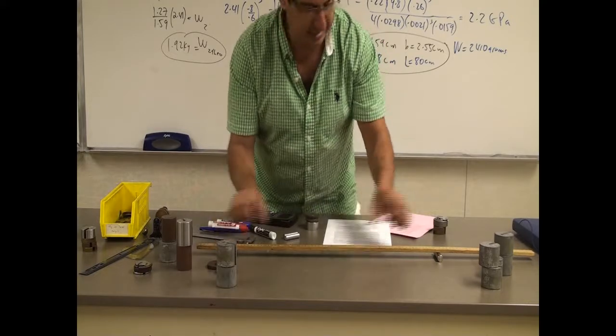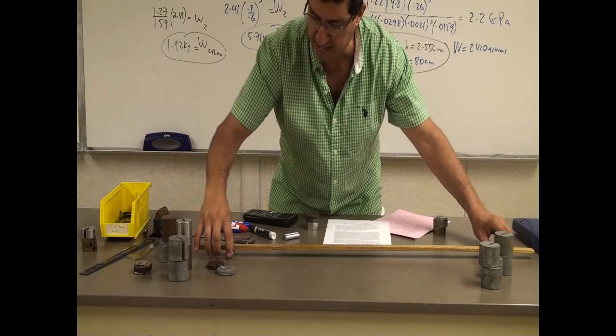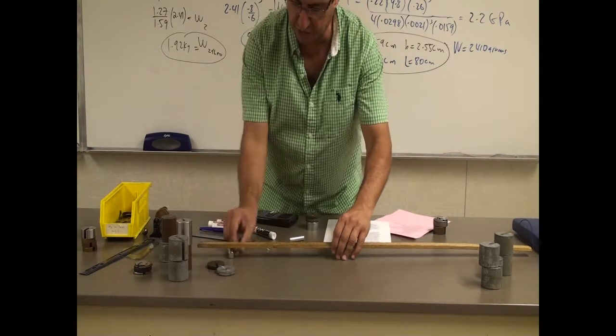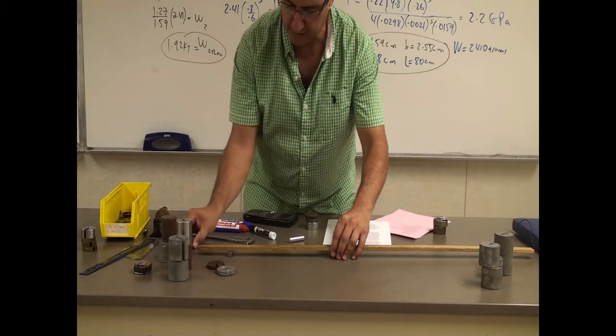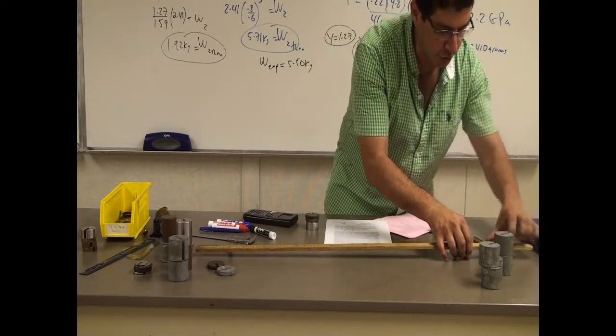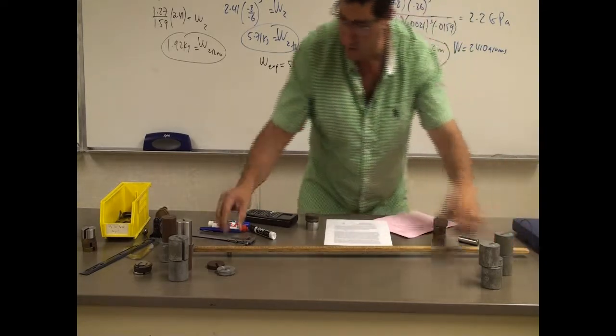Okay, now let's go back to when they were at the 90 and 10 centimeter mark. The length was 80 centimeters, but instead of using those cylinders, I'm going to put these cylinders. I'm going to change the Y value. So now how much force should it take? So go back to the 80 centimeters.